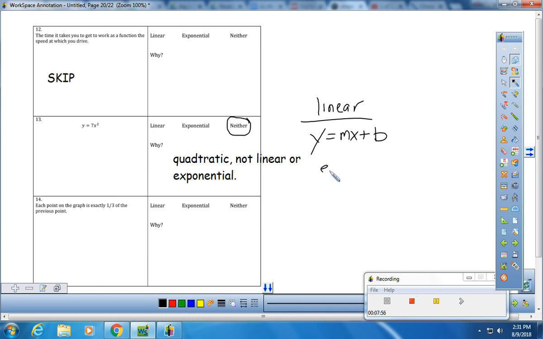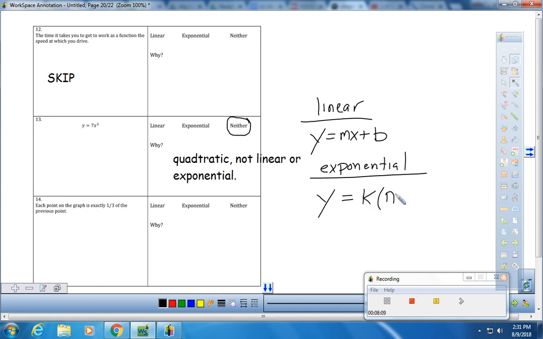And exponential, well, that would be y equals, let's say, k times n to the x, where k is where you begin and n is the number that is being multiplied by each time. Okay?